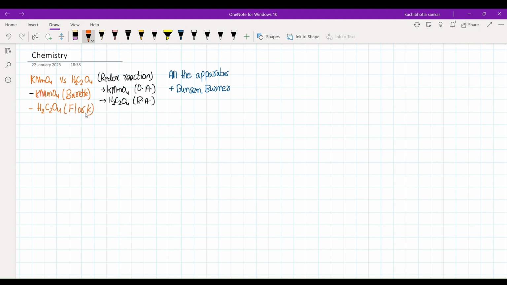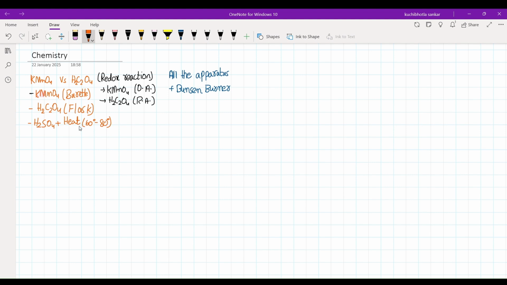Those two solutions are first taken, and then the H2SO4 is added. H2SO4, you can say it is a promoter. It can increase the speed of the reaction, and then it will be heated to 60 to 80 degrees.